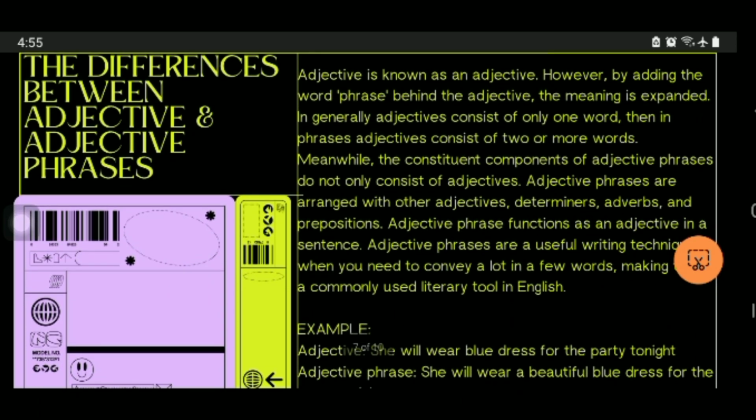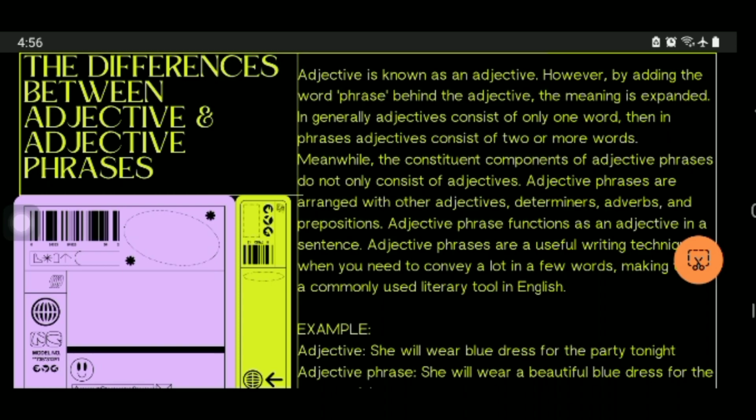The next, we're talking about the differences between adjective and adjective phrases. So, an adjective is known as an adjective. However, by adding the word phrase behind the adjective, the meaning is expanded. Generally, adjectives consist of only one word, while in phrases adjectives consist of two or more words.